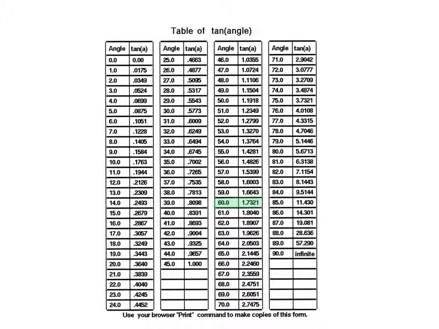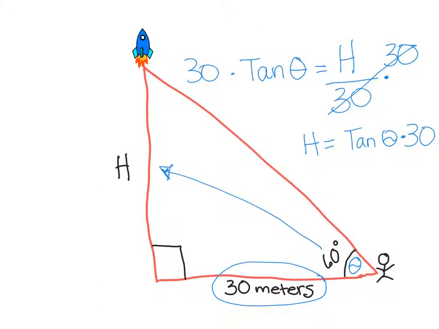So here we are at the tangent table, and you can see the tangent of an angle with 60 degrees is going to be 1.7321. Now we're going to substitute in, so now we have height equals 1.7321 times 30.